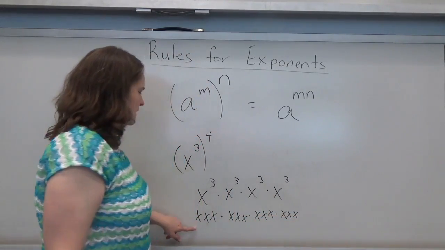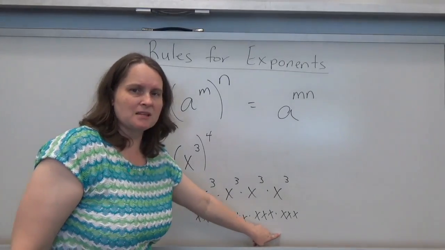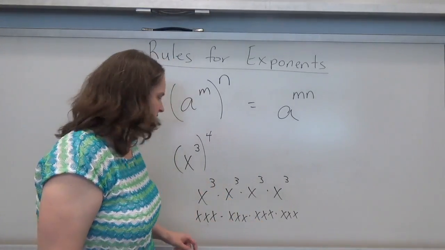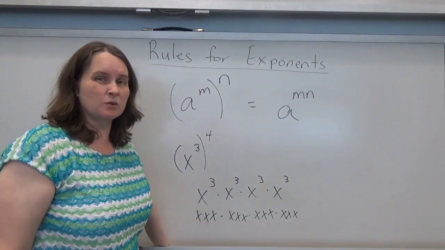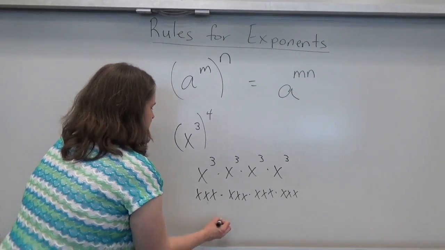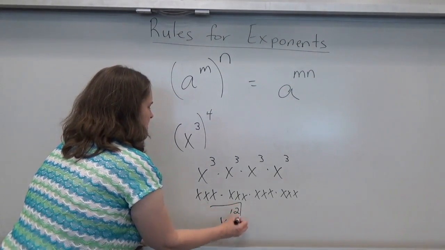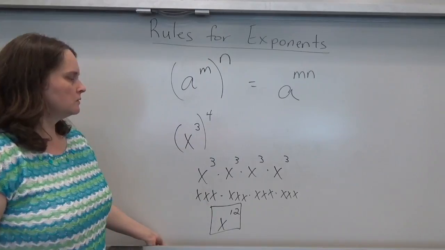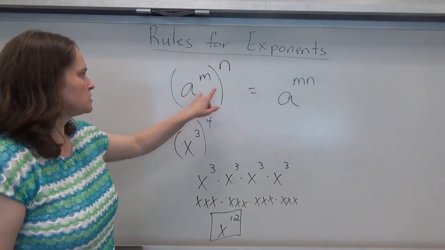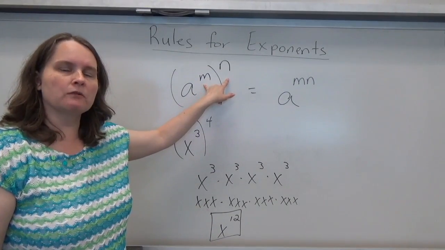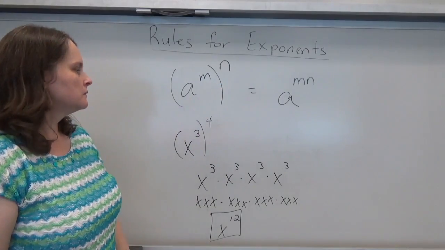All right, if you multiply x that many times, how many times am I multiplying x by itself? I'm multiplying it by itself 12 times. So x to the 12th would be my answer. That is why we get to multiply the exponents if we're raising a power to a power. Okay?